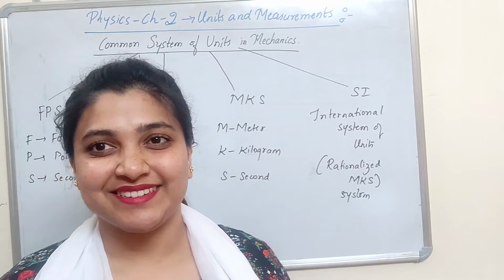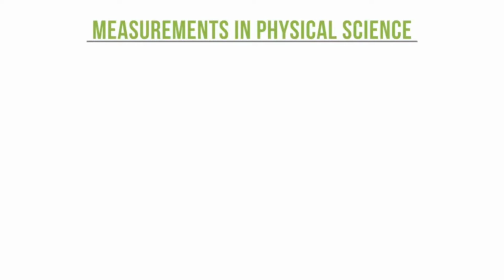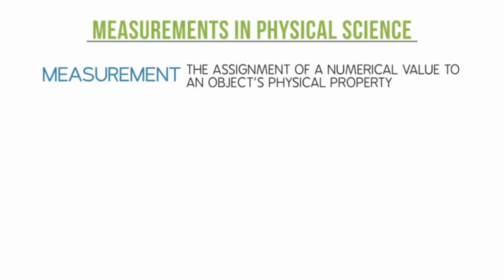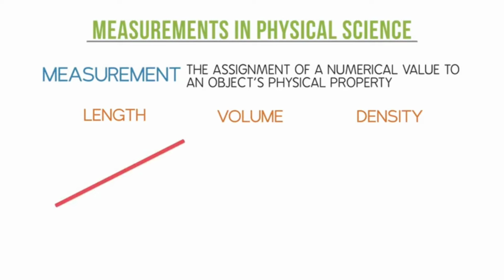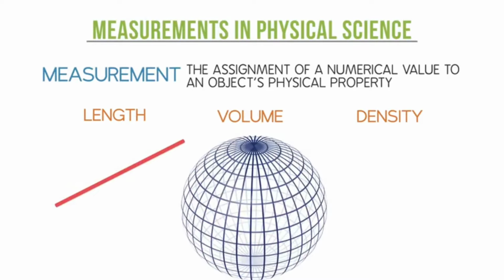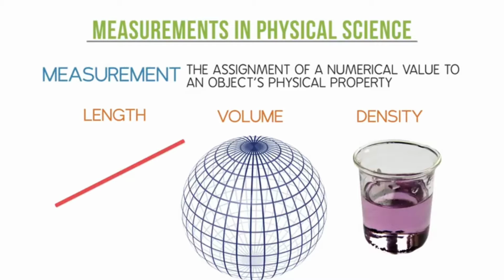Let us check out what it actually means to measure something. Well, in science, a measurement is considered the assignment of a numerical value to an object's physical property. Measuring physical properties such as length, volume, and density is very common. For example, you might want to know the length of a line, the volume of a sphere, or the density of a liquid.